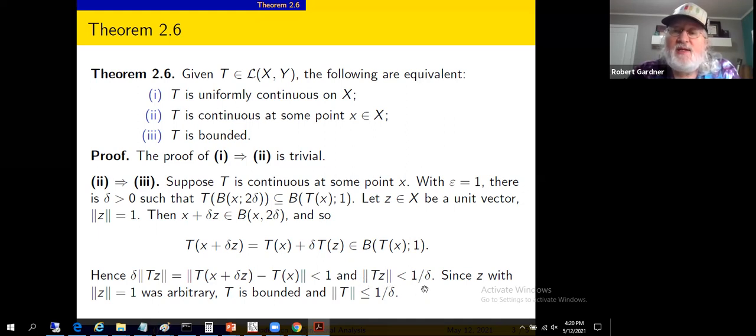If all of these things are bounded by 1 over delta, then taking a supremum over all such z, a unit vector, we'll get the supremum to be bounded by 1 over delta as well. We won't pick up an equality when we go to the supremum, so we get a less than or equal to in that case. And so the bound on the norm of T is 1 over delta, and T is a bounded linear operator.